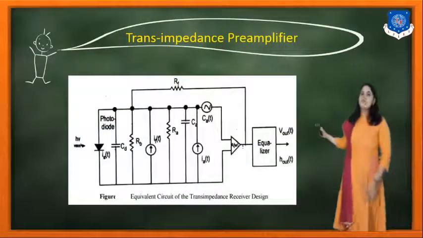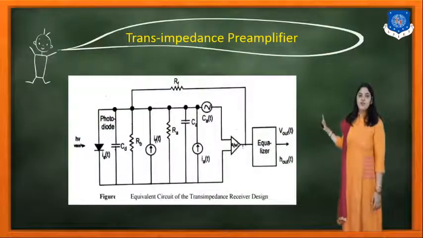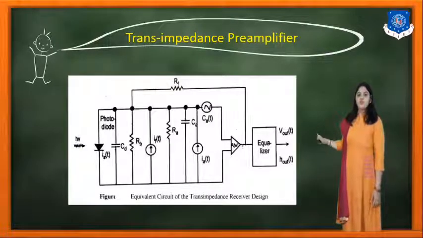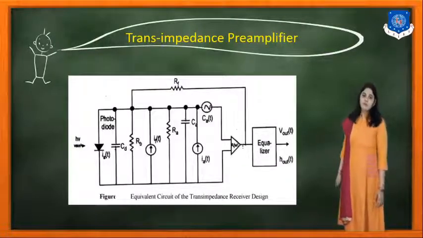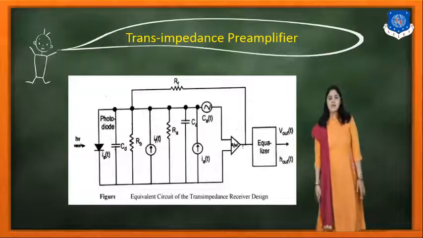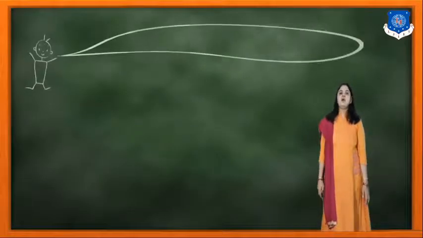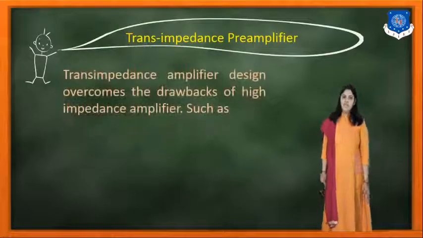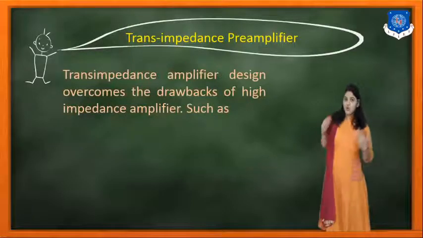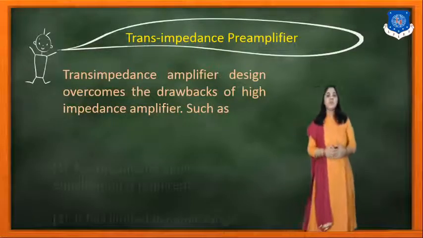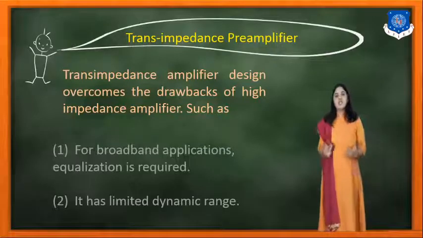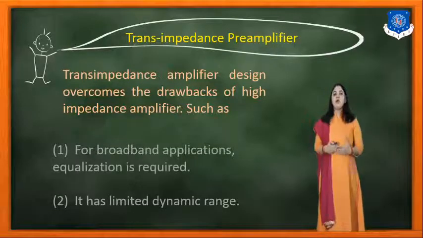Here you can see the diagram of the equivalent circuit of the transimpedance receiver design. This is the transimpedance preamplifier design, which overcomes the drawbacks of the high impedance amplifier, such as the equalization that is required for broadband operation.